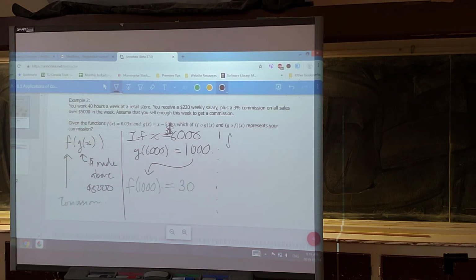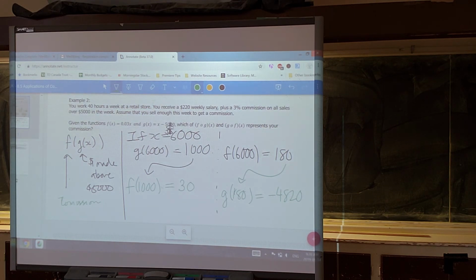The effects of f of 6,000 would be commission: 3% of 6,000, which is $180. And then you take that and you calculate how much of this is above $5,000. You get negative 4,820. You get what I'm saying?